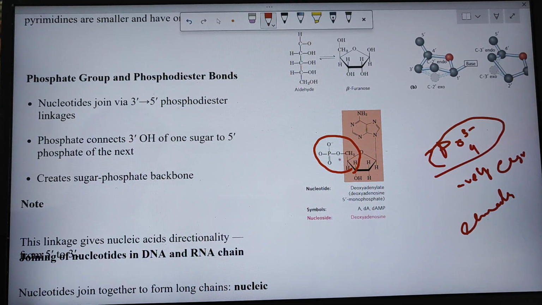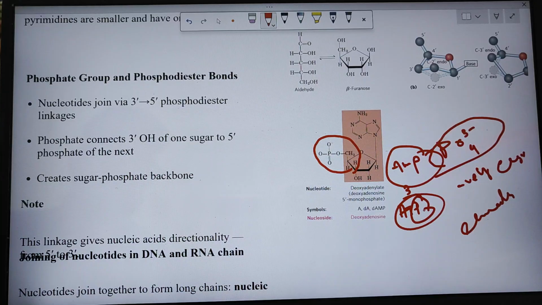If a single phosphate group is attached to the nucleotide, for example adenine with a single phosphate group, it's simply called AMP, adenosine monophosphate. If three phosphates are attached, it's called ATP, adenosine triphosphate.